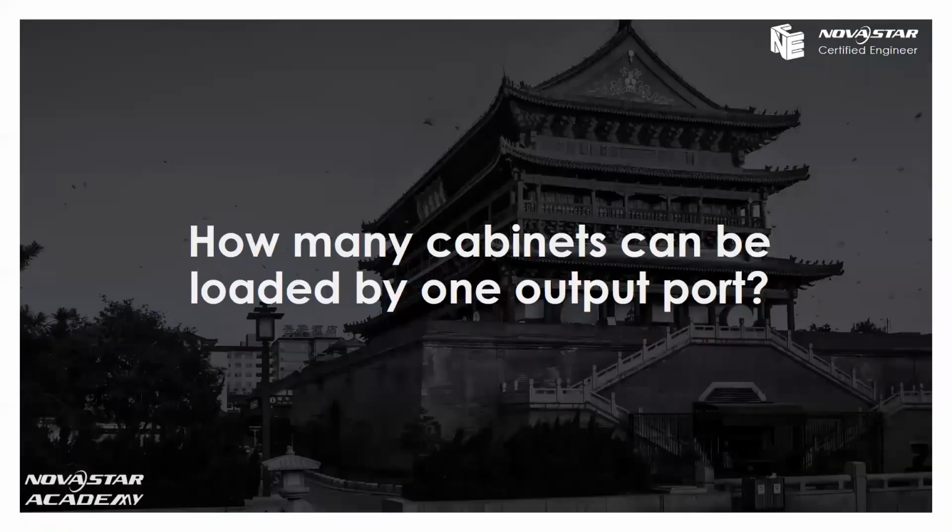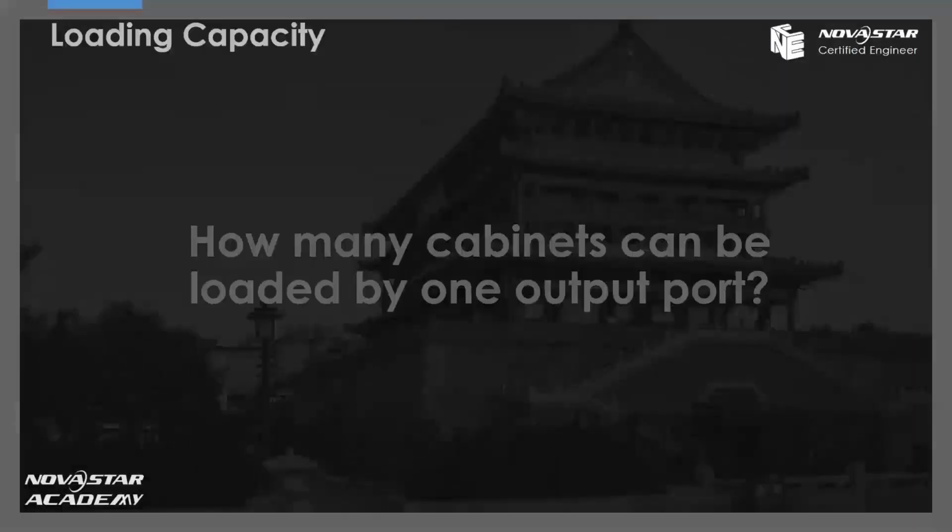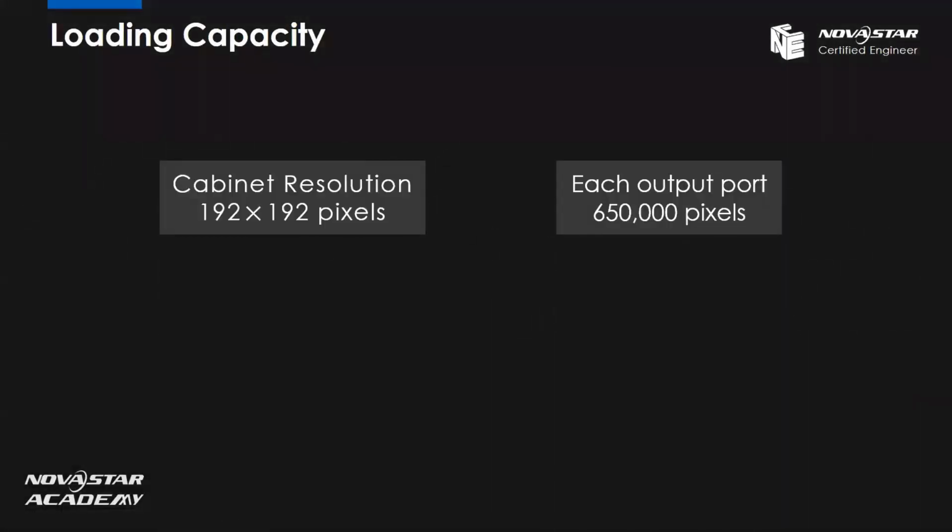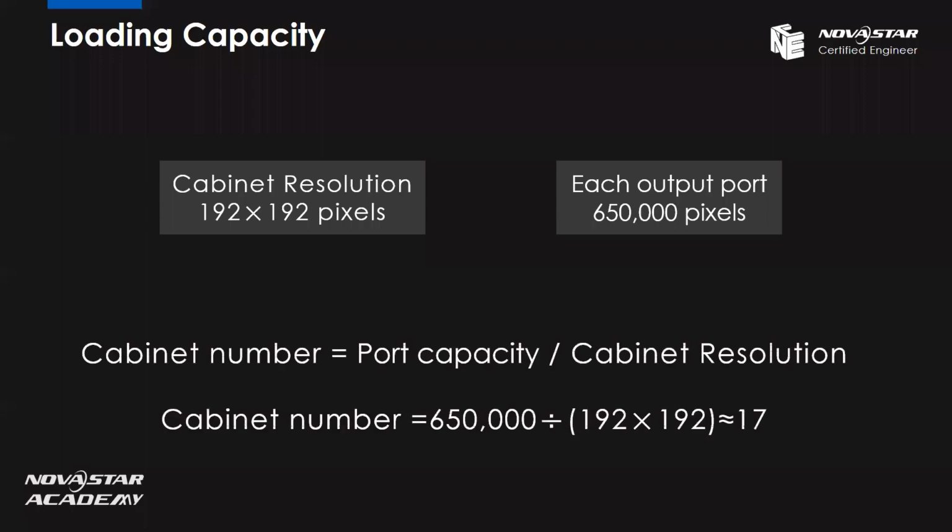Then after we know how to get the pixel resolution, how many cabinets can be loaded by one output port? Let's see another example. Here the cabinet resolution is 192 by 192, and we know for each output port, the loading capacity is 650,000 pixels.